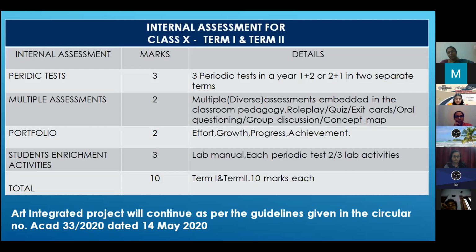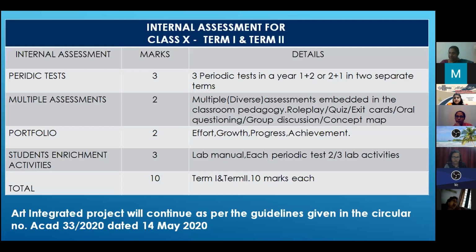Portfolio: these are the four keywords. Effort, growth, progress, and achievement of the single individual child. That is called a portfolio. And student enrichment activities, the subject enrichment activities which we used to refer to, the same thing itself.